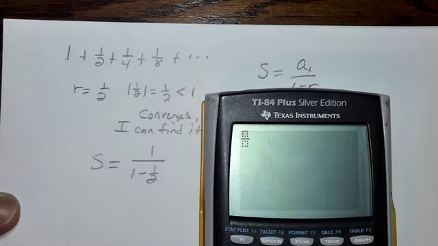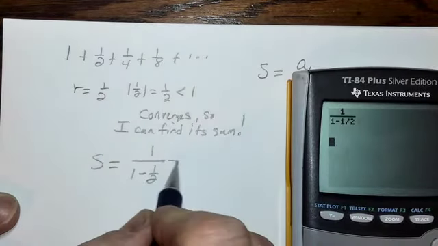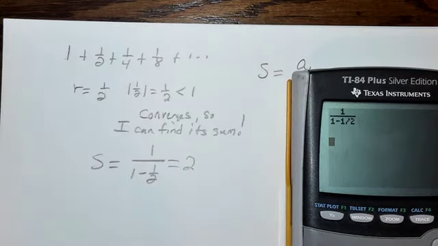We're going to put that in just like it is. 1 over 1 minus, and you can do a fraction there if you want, or just do 1 divided by 2, or do 0.5. It doesn't make any difference. We get that the answer of that is 2. So the sum of that, if you were to add up 1 plus 1/4 plus 1/8 plus 1/16, and so forth, it would add up to 2.